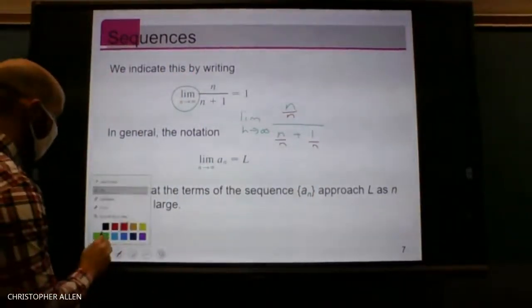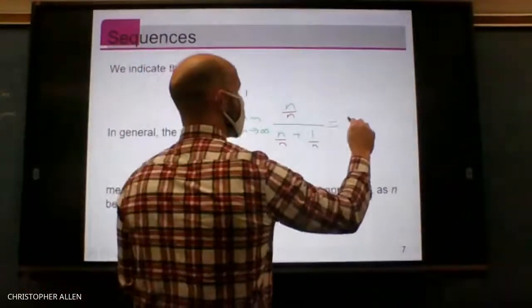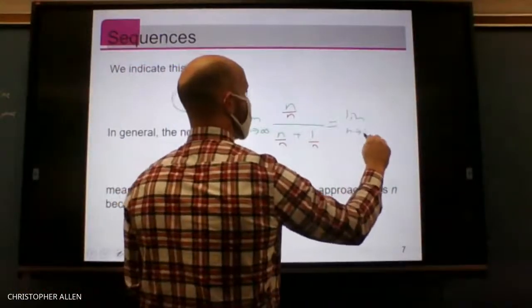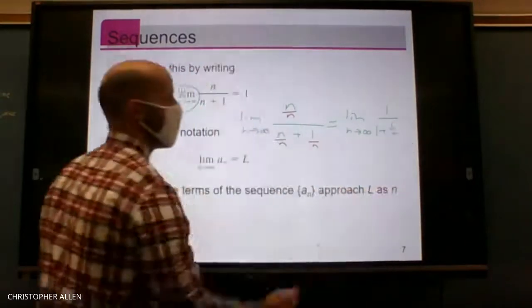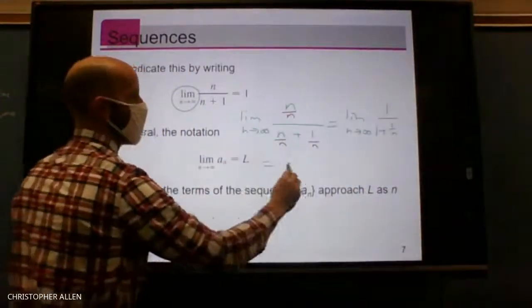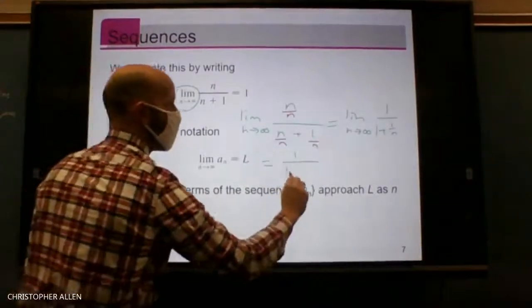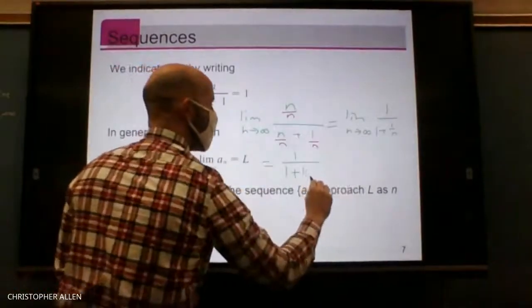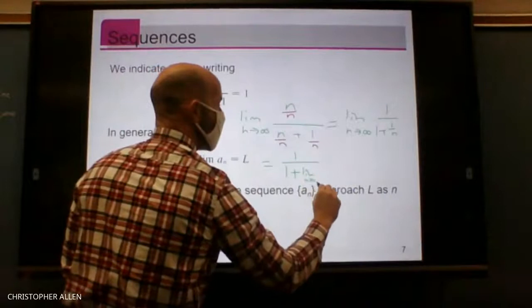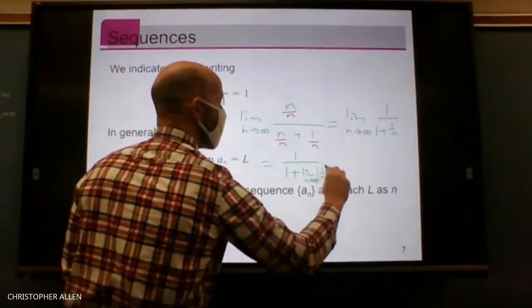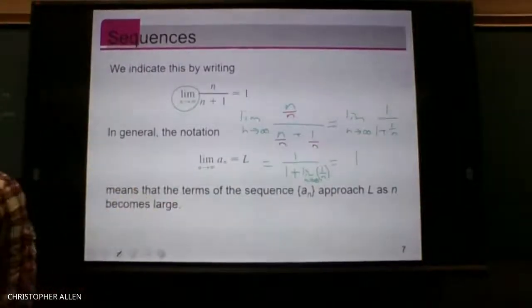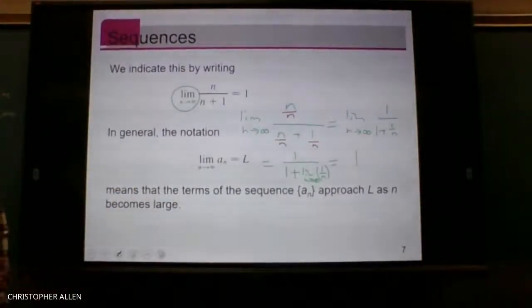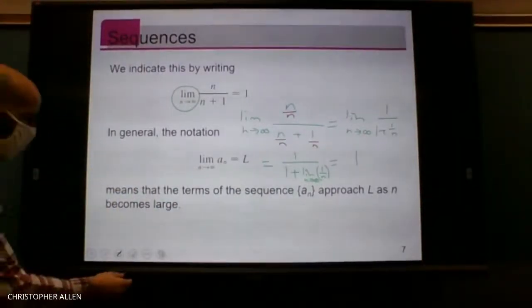So when we simplify this, this gives us the limit as n goes to infinity of 1 over 1 plus 1 over n. And of course, 1 is 1, so that doesn't change. But now I can do the limit as n goes to infinity of this 1 over n thing. And so we get 1, right? Because this goes to 0. Does that make sense? Okay.